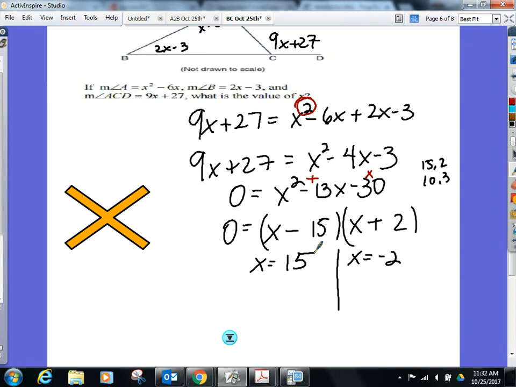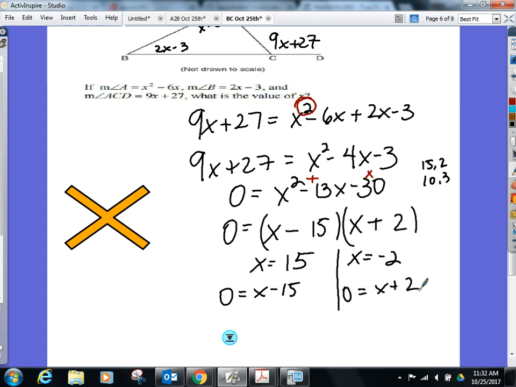No? You set x minus 15 equal to 0 and solve for x. X plus 2 equals 0, solve for x. You always flip the sign, as long as it's 1x. If it was like 3x, then I'd have to actually set it equal to 0 and move everything over. Okay, there are the two answers.